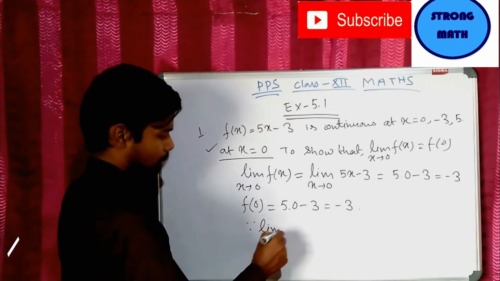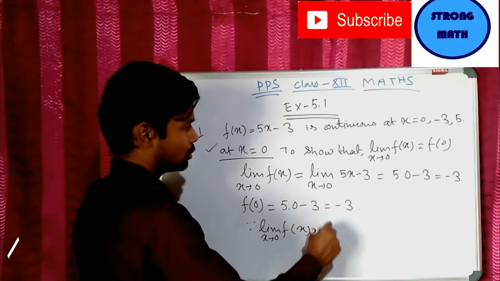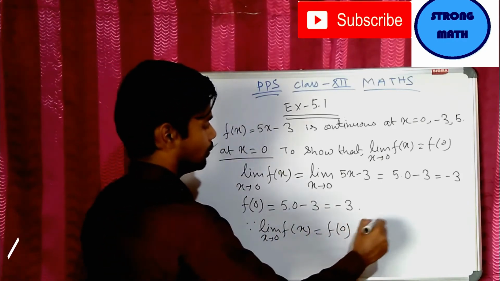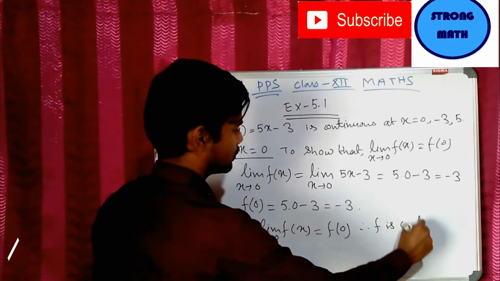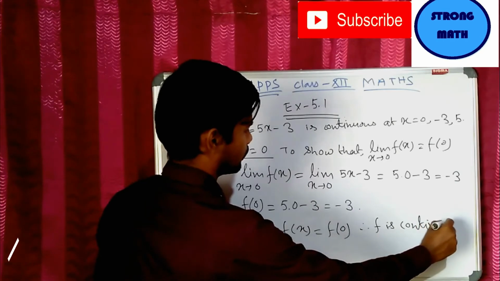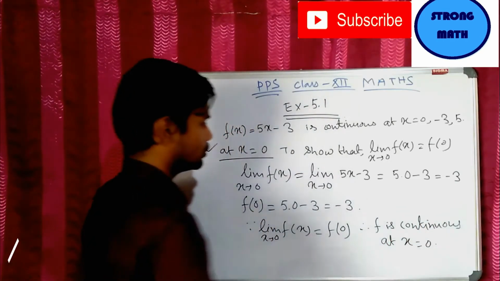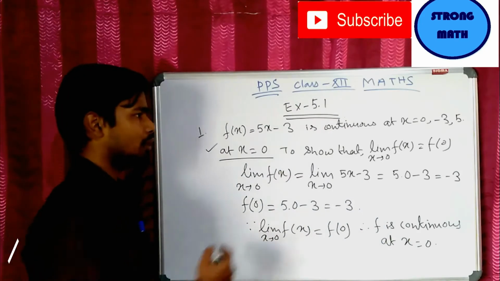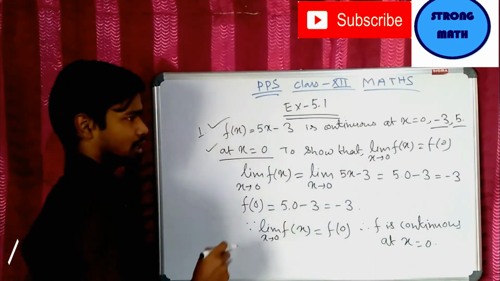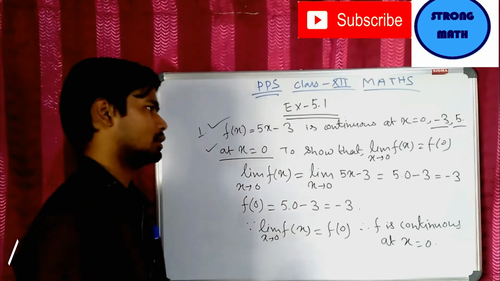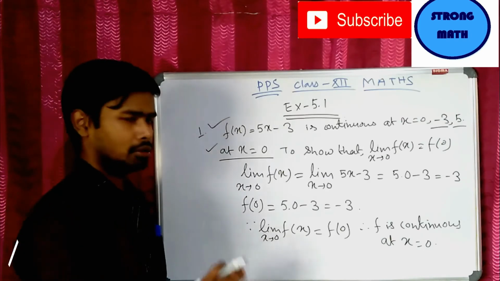Since limit x tends to 0 f of x equals f of 0, therefore f is continuous at x equals 0. Similarly, you can show that the function is continuous at x equals minus 3 as well as x equals 5 in the similar process. So try at home.